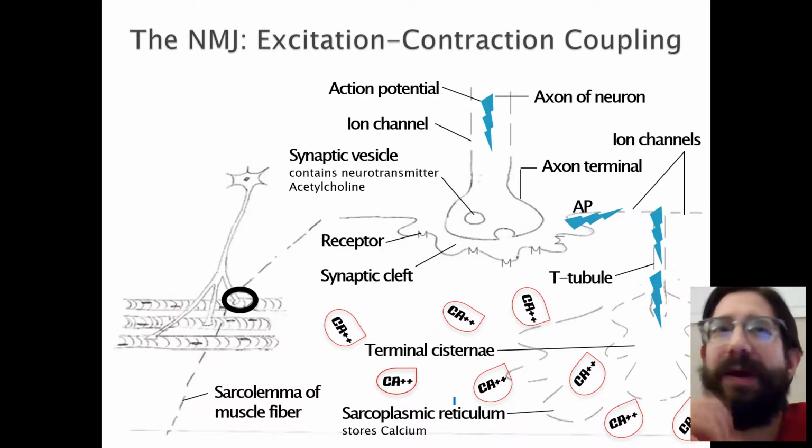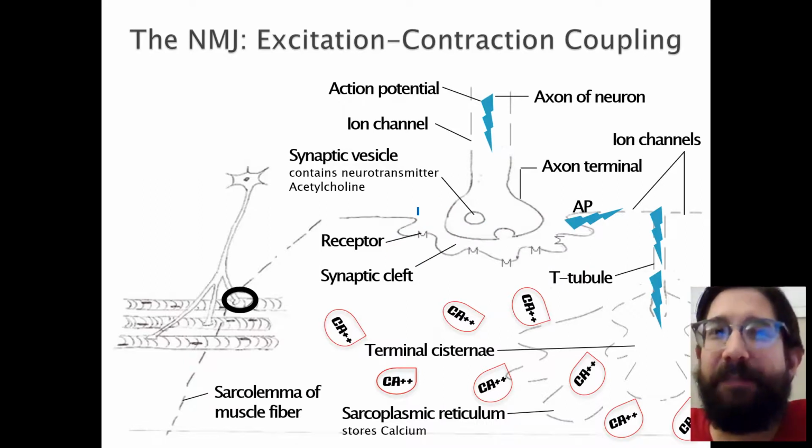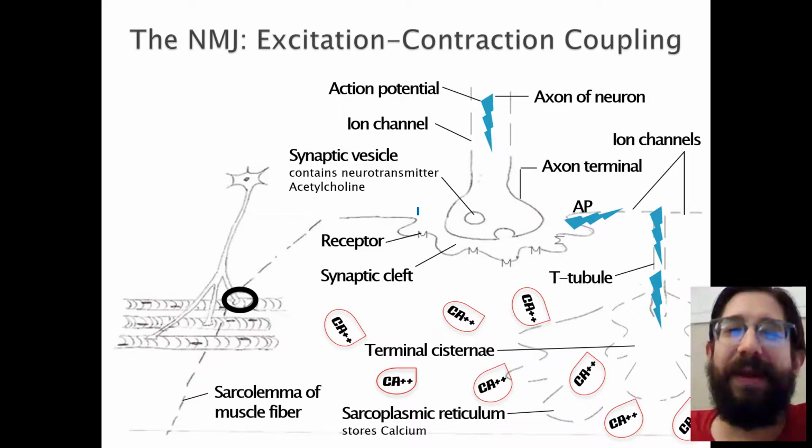But a final word here on this concept. Of crucial importance is this synaptic cleft. The events that take place within the synapse are very important. Not just in neurons meeting up with muscle cells.